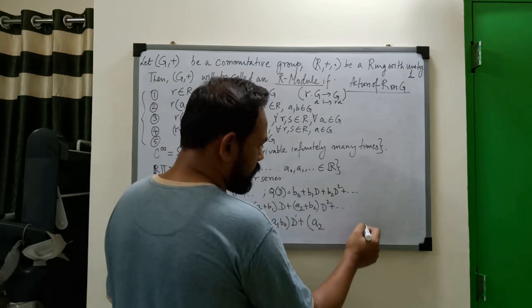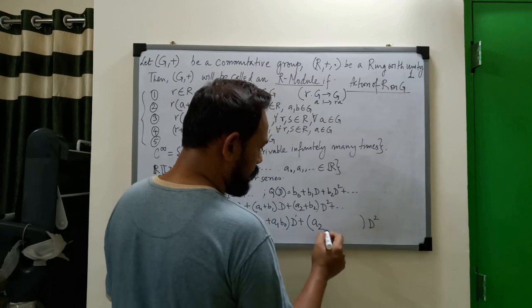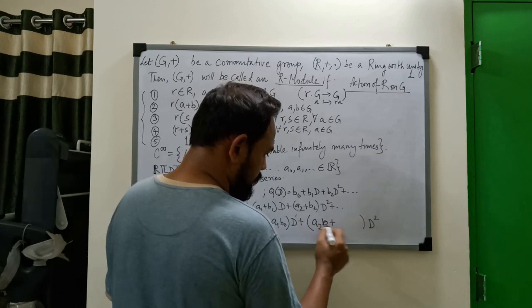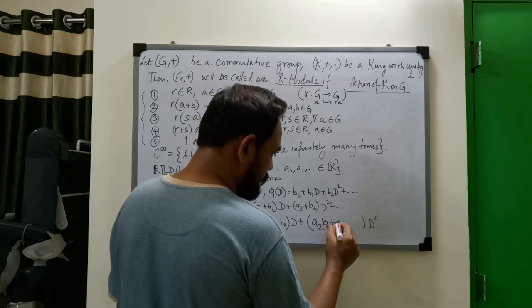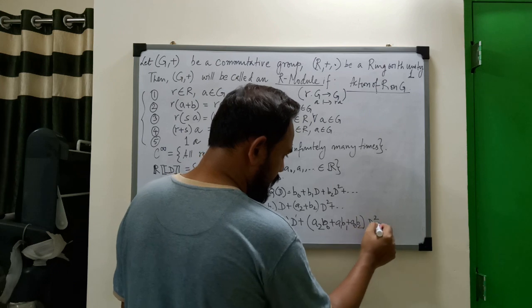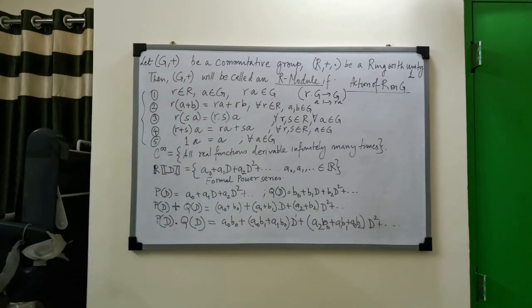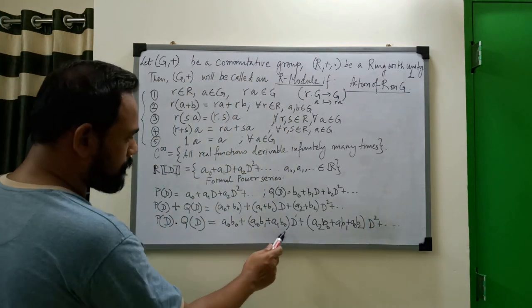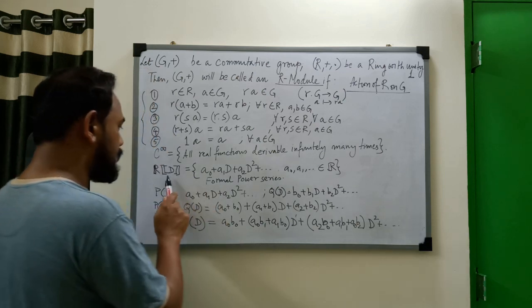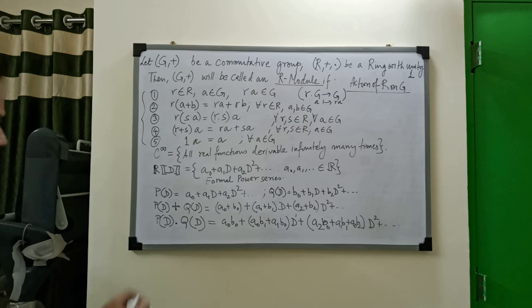So I'm now writing for D2, what are the possible coefficients? A1 B1 plus A0 B2. And I go on defining it like this, okay? Again, you can see that these are all real numbers. So this new product that I have defined is also an element of this set.